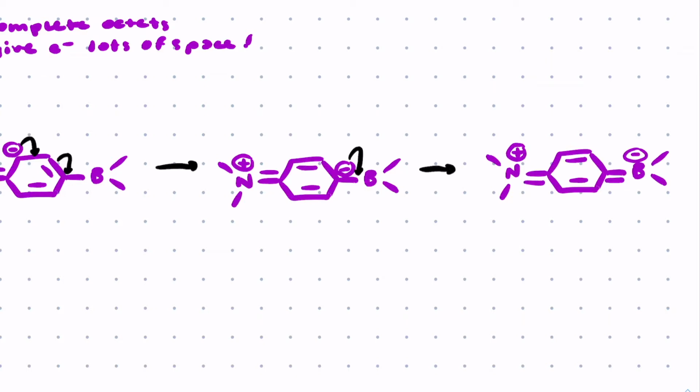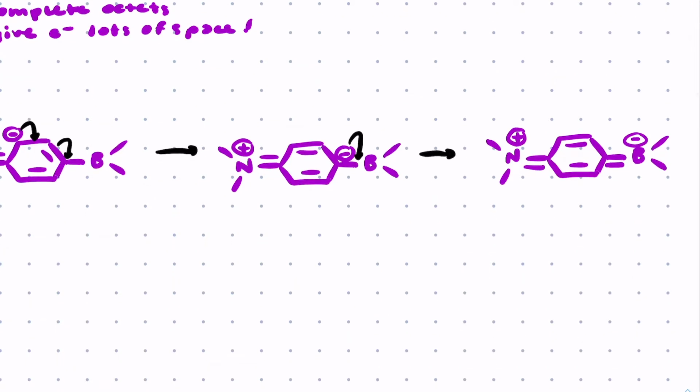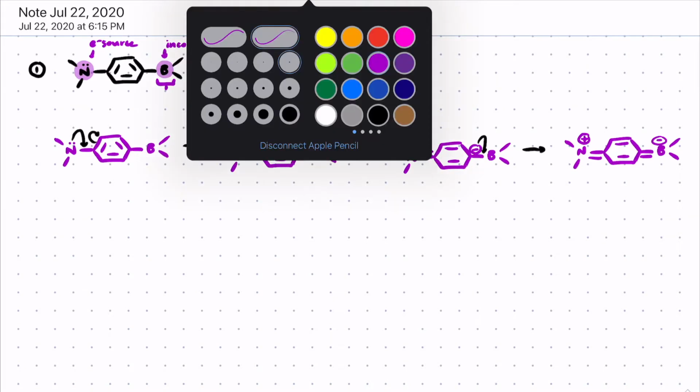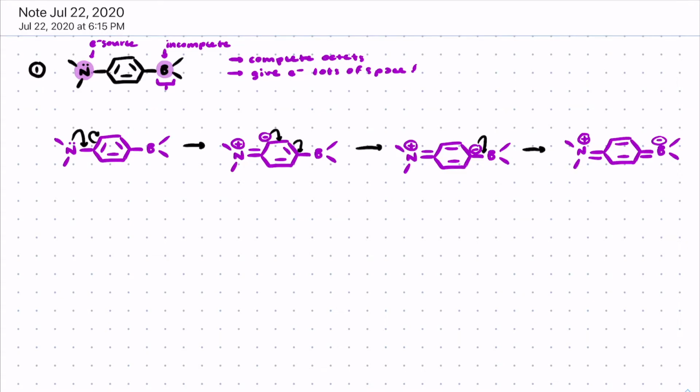So now you can keep pushing these electrons around, and you could take this electron pair right here and push it up onto this bond and push this bond over here, and then push this bond back onto the nitrogen.